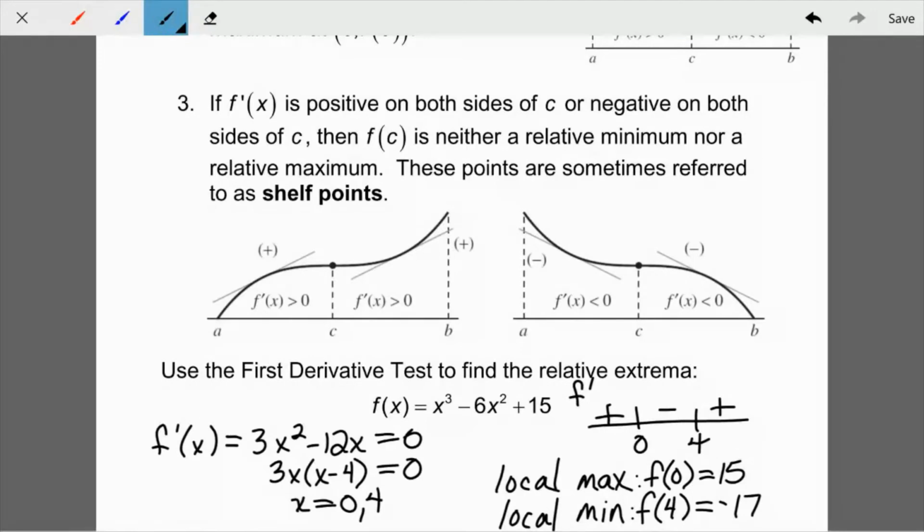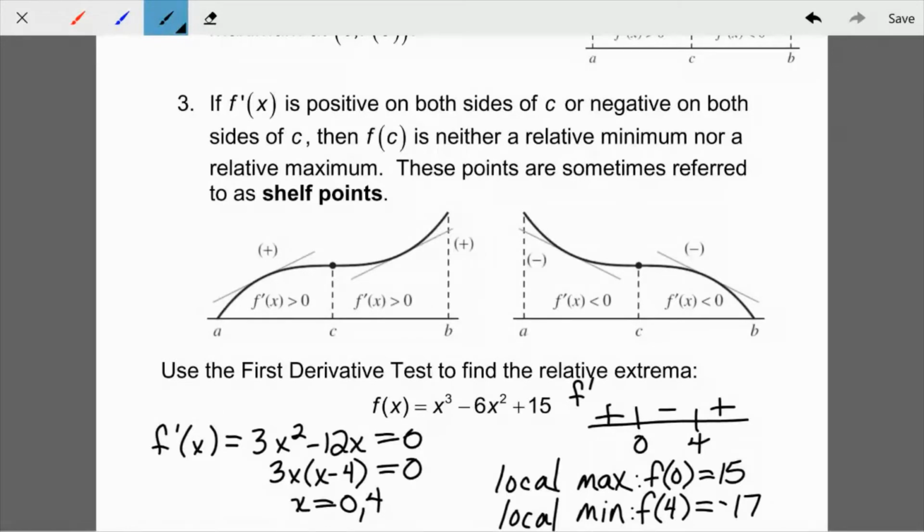Okay, so I'm going to mention this later on in the notes. I've got it written out later on, but I want to go through this now. If you have a problem like this and you are asked to justify your answer, keep in mind that the sign chart does not serve as your justification.